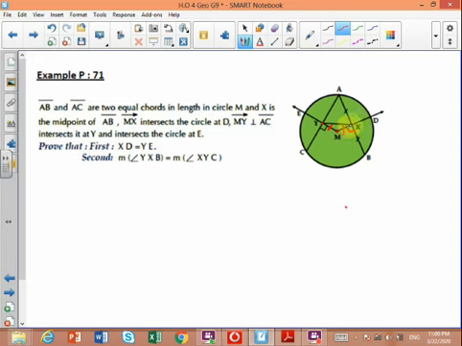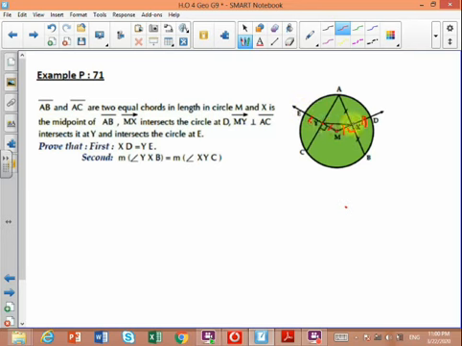MD is what? MD is a radius, and also ME is another radius, so the two radii in the same circle are equal. So MD equals ME because they are two radii. If I subtract MX from MD, it will give me this part, and if I subtract MY from ME, it will give me this part.